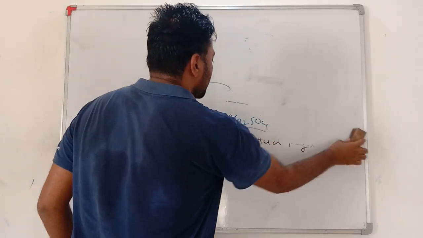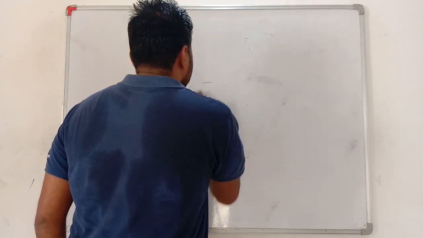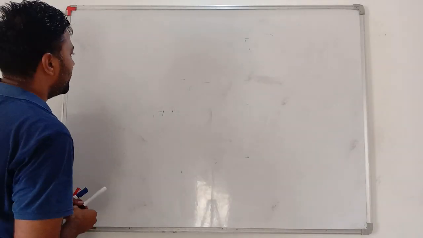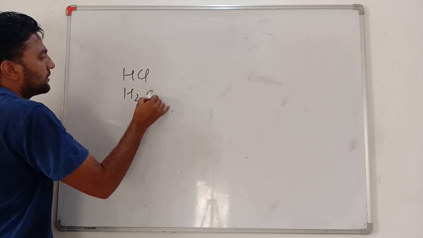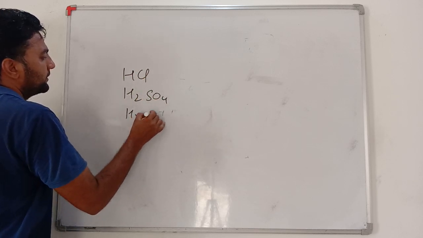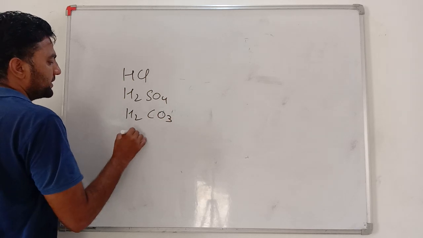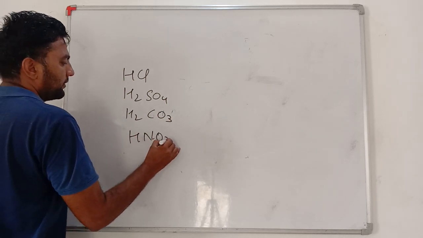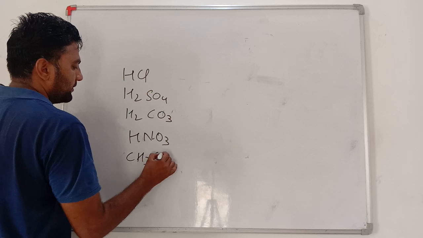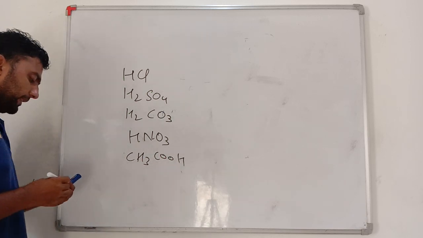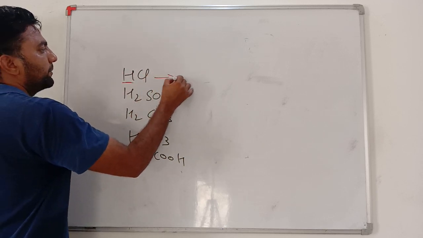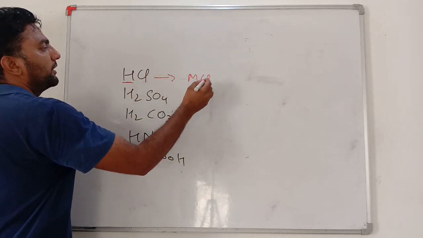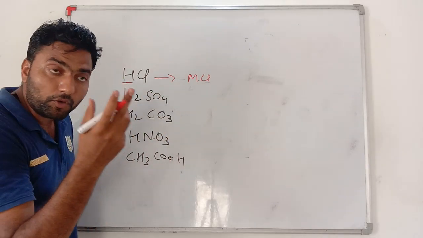Okay, my dear students, very important. There are many salts. Let us take four to five examples. Hydrochloric acid, sulfuric acid, carbonic acid, nitric acid, acetic acid. If the hydrogen of hydrochloric acid is replaced by any metal, then we get a salt, that will be a metal chloride.